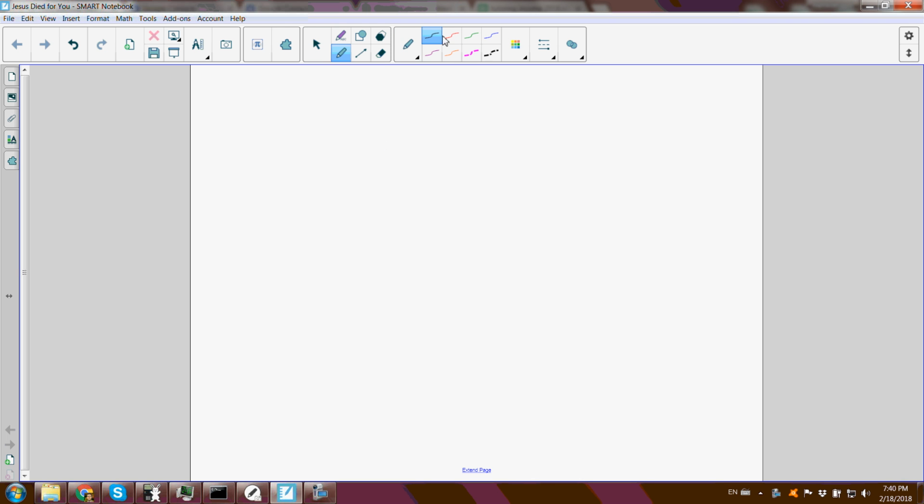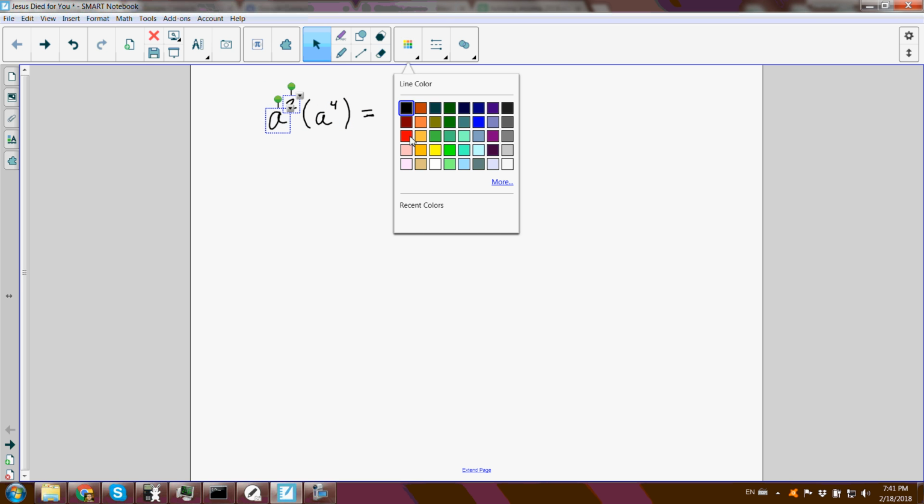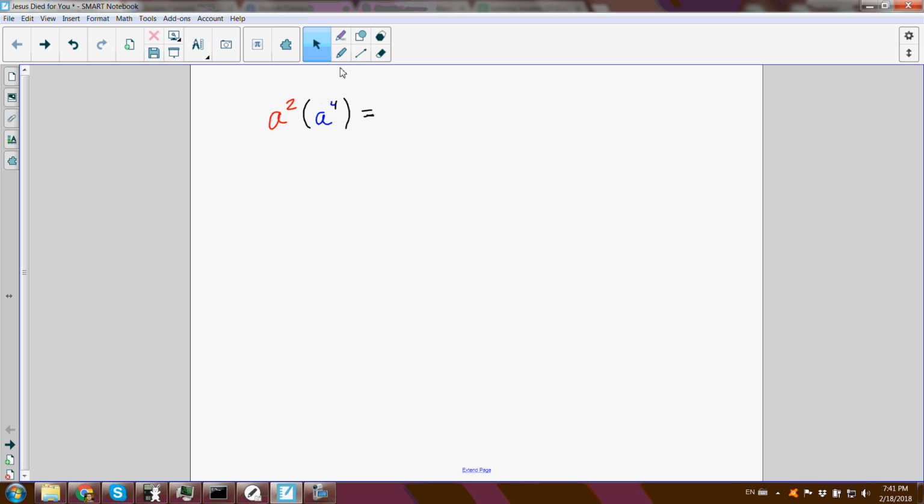All right, suppose we are trying to figure out what a to the second power multiplied by a to the fourth power equals. Well, that's just a matter of thinking about what a squared means and what a to the fourth power means.